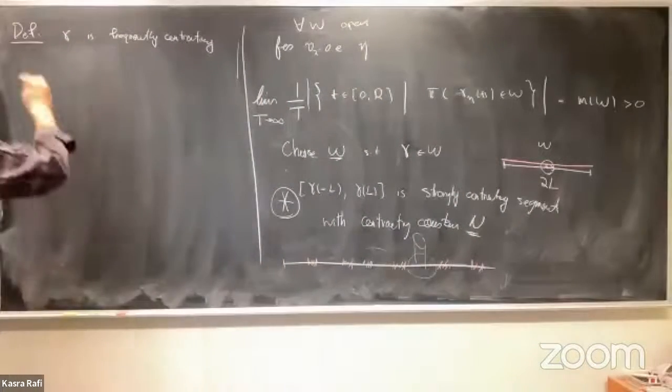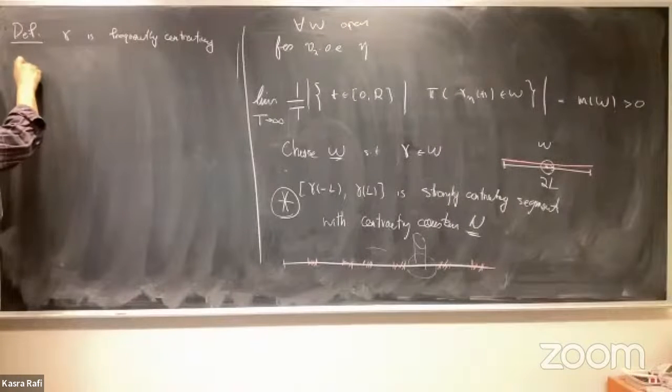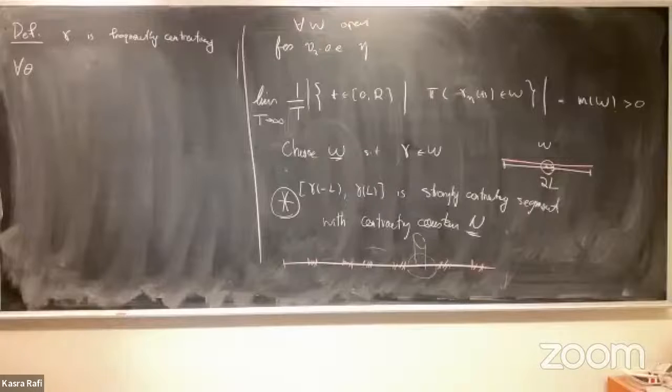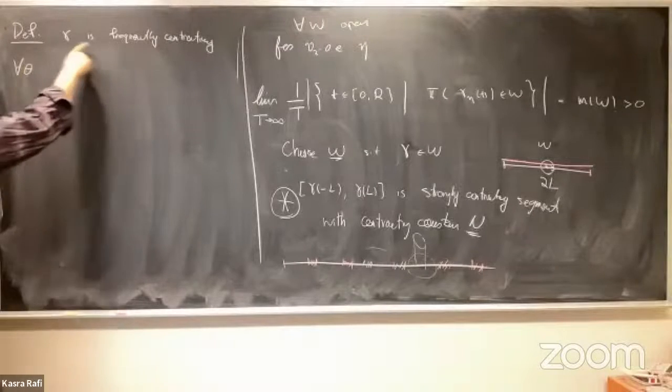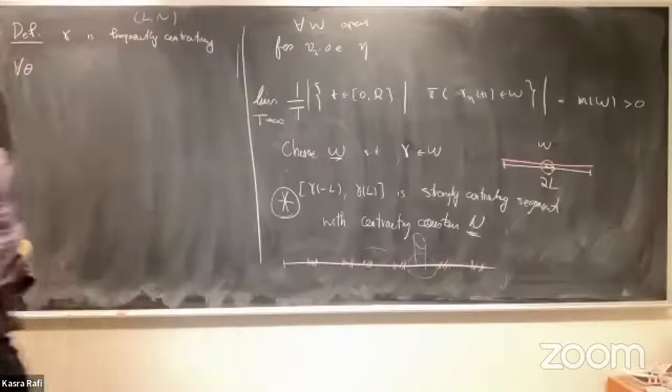So what does this mean? For every theta, there are some parameters here, L and N, which I have fixed once and for all.